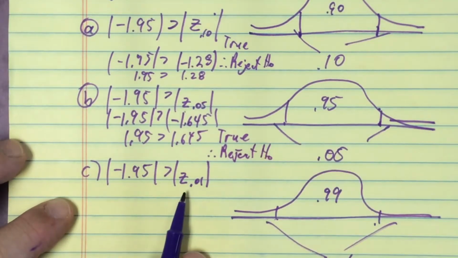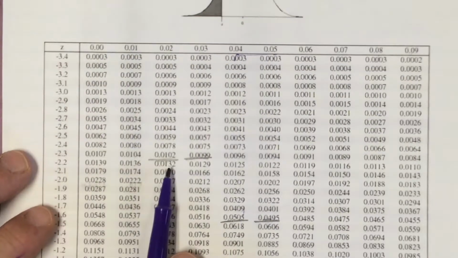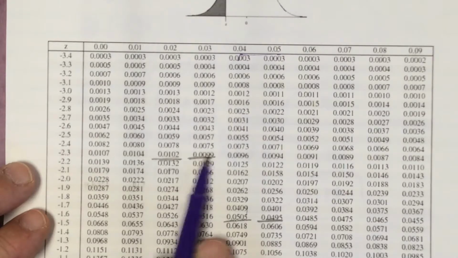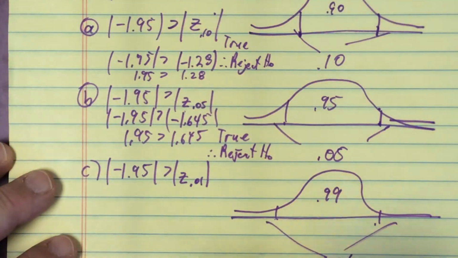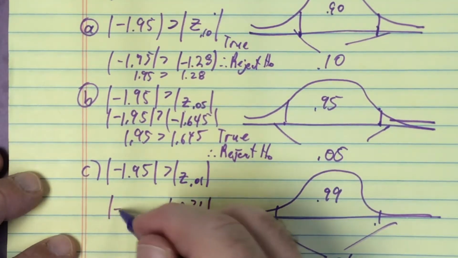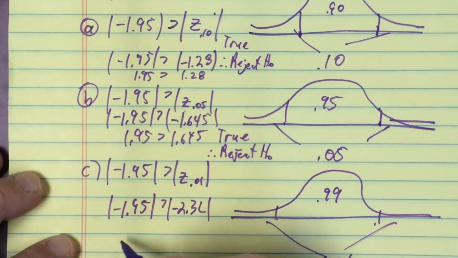In the case of Z at the 0.01 level of significance, I have looked this up again too, and we get a z-score of roughly negative 2.32. So I'll put that here. I have z-score negative 2.32, and I compare that to negative 1.95.